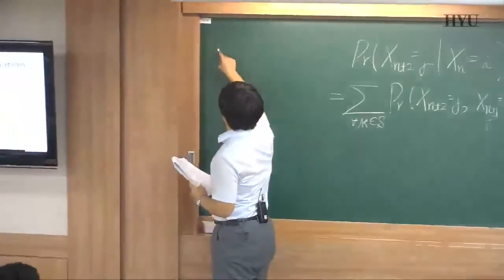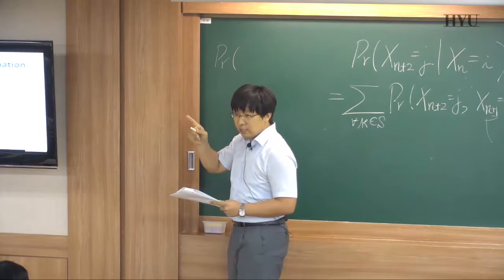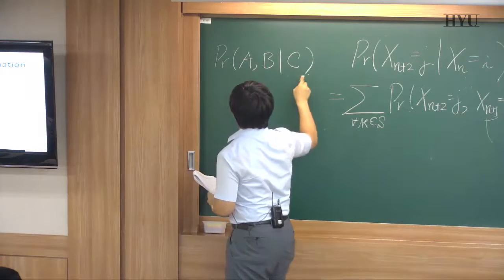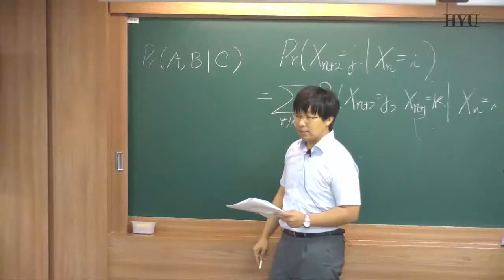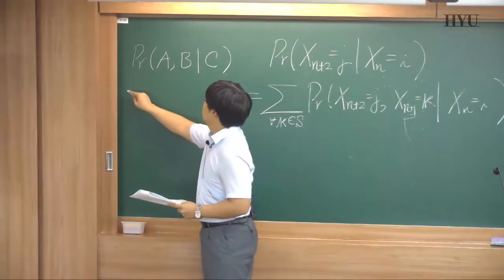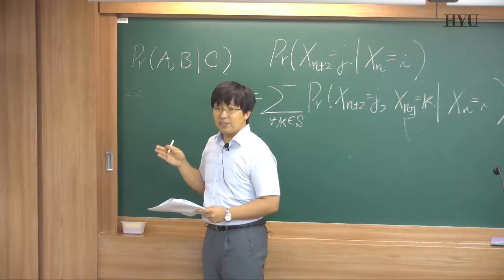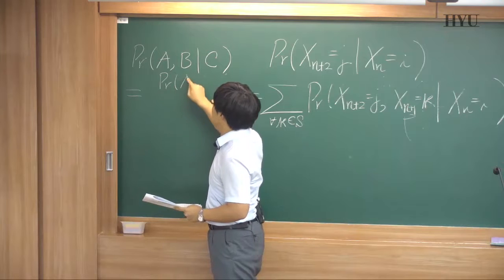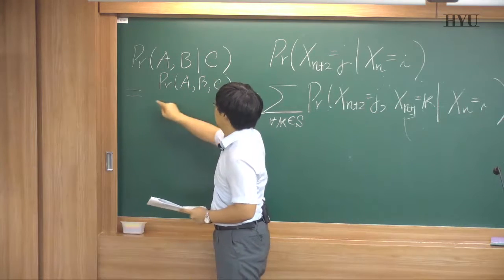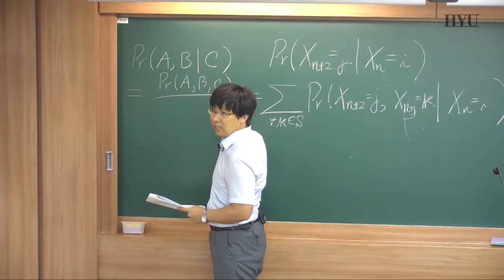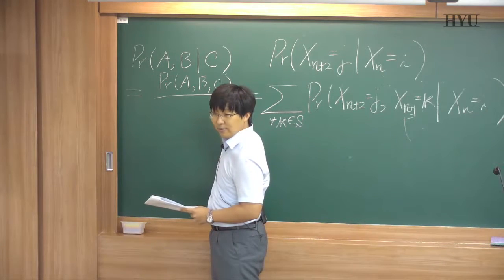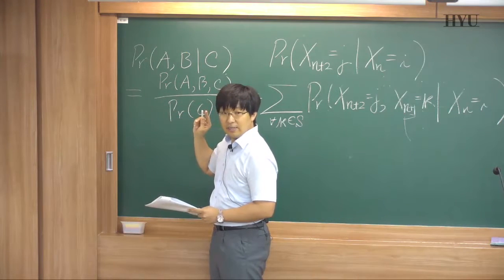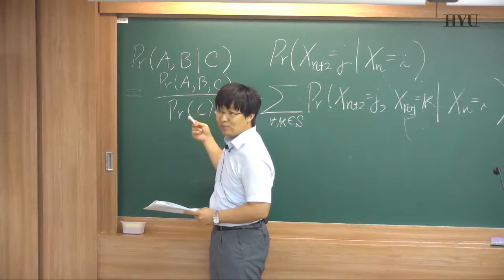next step, if we consider 3 different events like A, B, C, then for a conditional probability, we can rewrite this based on the definition of conditional probability. Okay, this one is probability of A, B, C over what? Probability of C. This is the definition of conditional probability.